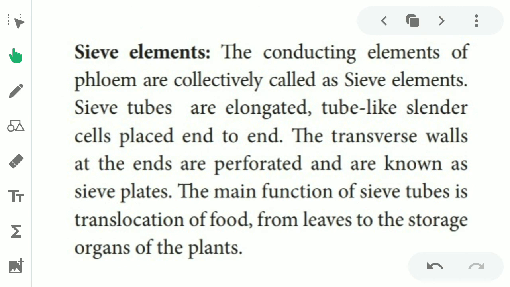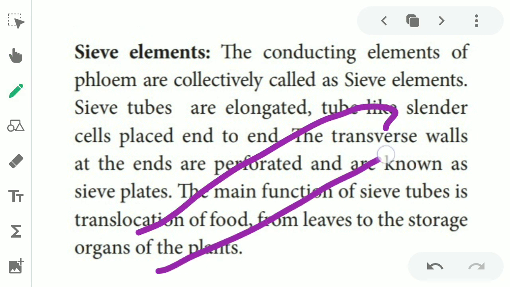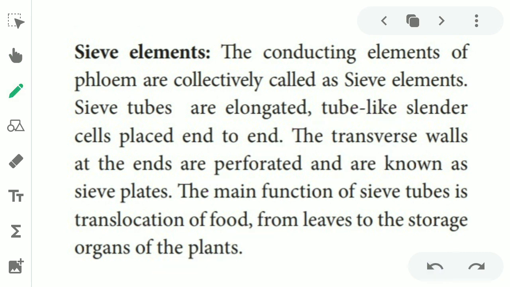Sieve element is a conducting element. Conducting means transporting the food. That is done by the sieve elements. Sieve tubes are elongated. Elongated means lengthy, like that shape. Tube-like slender cells are placed end to end.